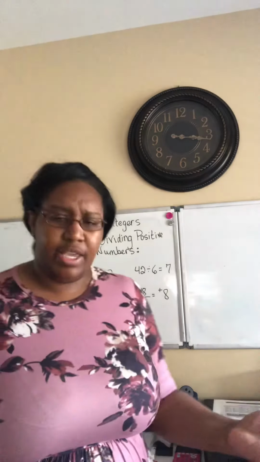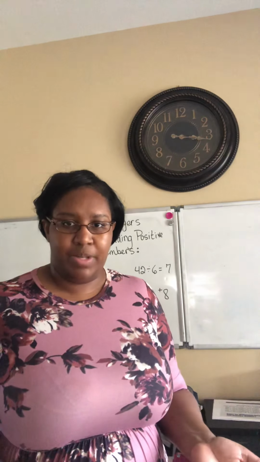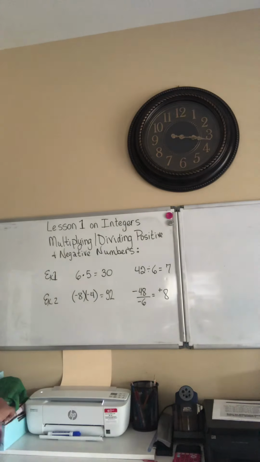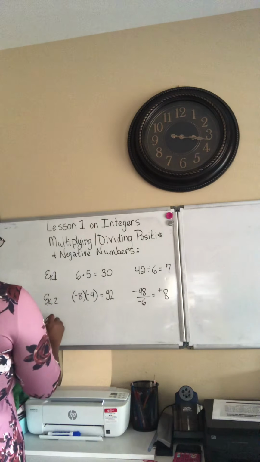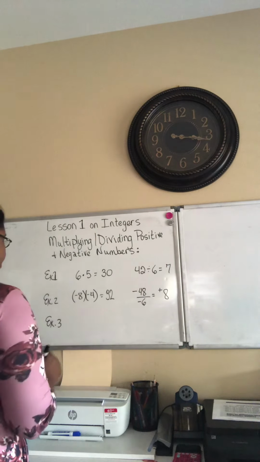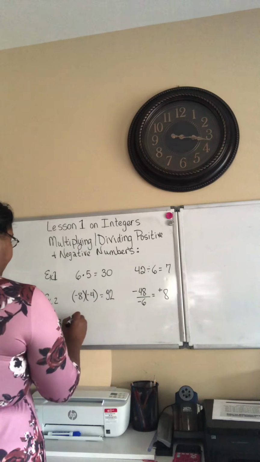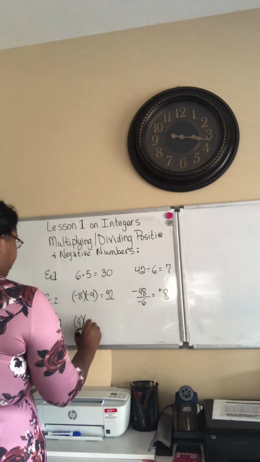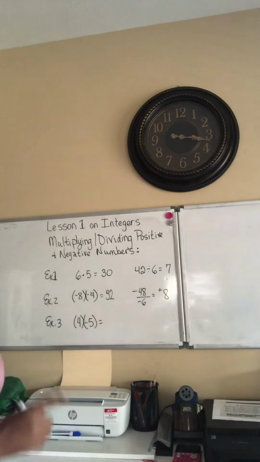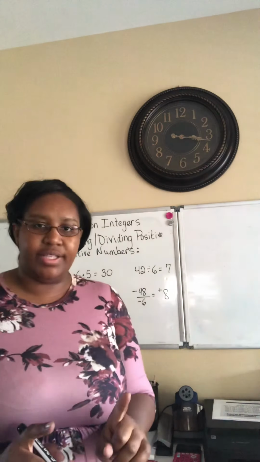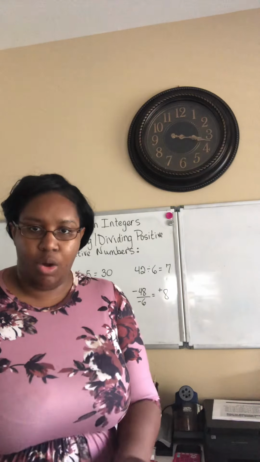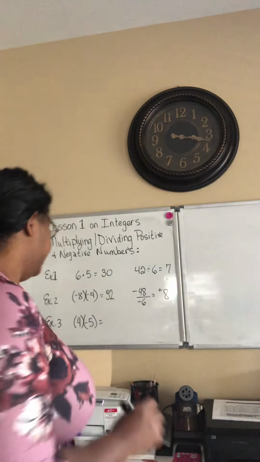So is there ever a case where you get a negative answer when multiplying or dividing? Yes, there is. Watch. Okay. So we have example 3. Let's say we have a positive 4 multiplied by a negative 5. When you multiply a positive by a negative, your answer will always be negative.